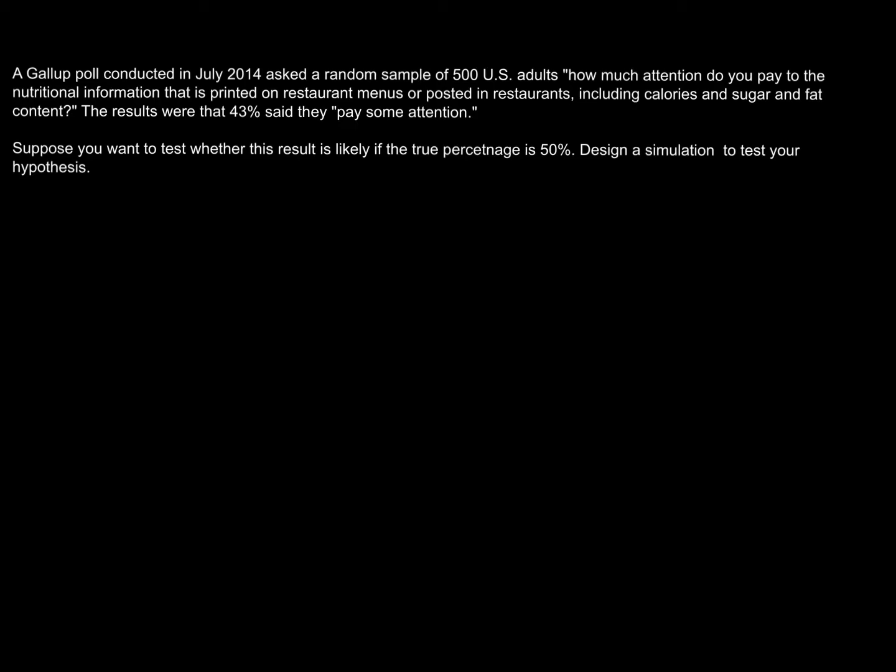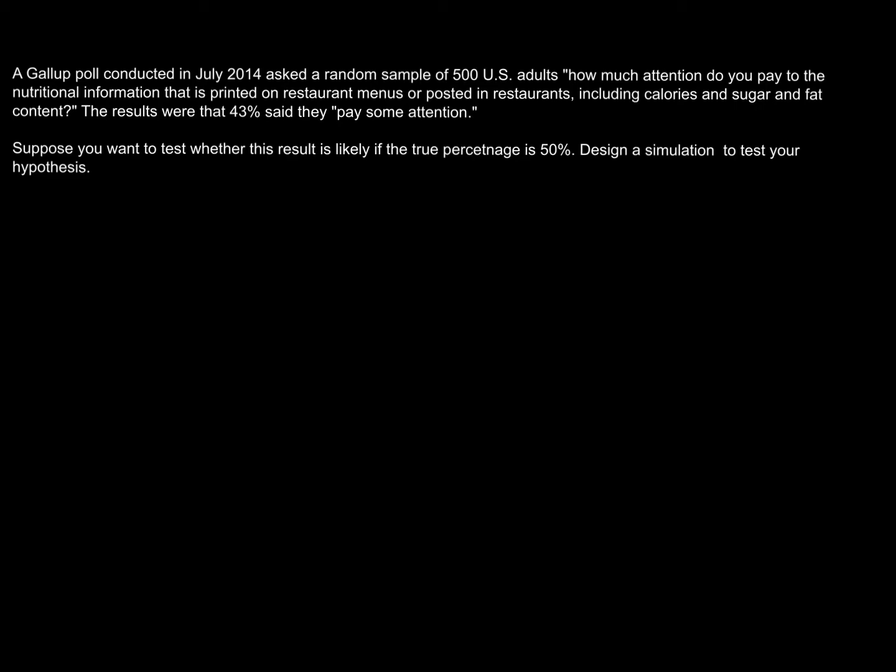So let's say that you want to test whether or not this result is likely if the true percentage is 50%. Design a simulation to test your hypothesis. So the first thing you want to do is design a simulation. Make sure that your simulation follows all the guidelines that we discussed previously, and then we'll take a look at some sample data.